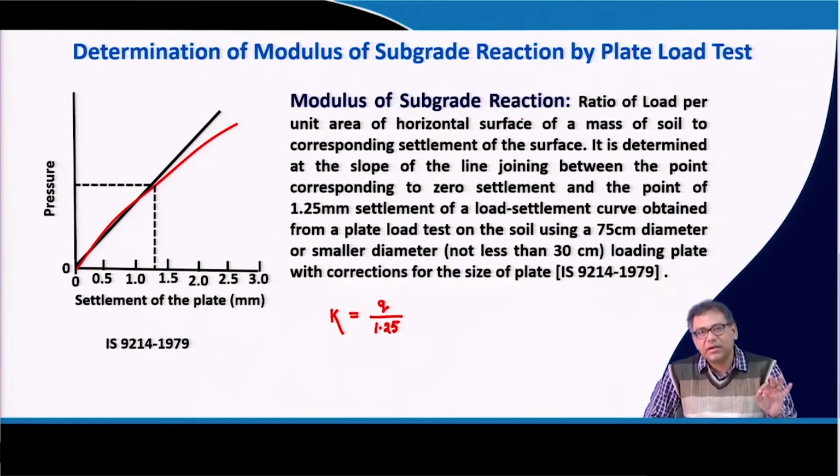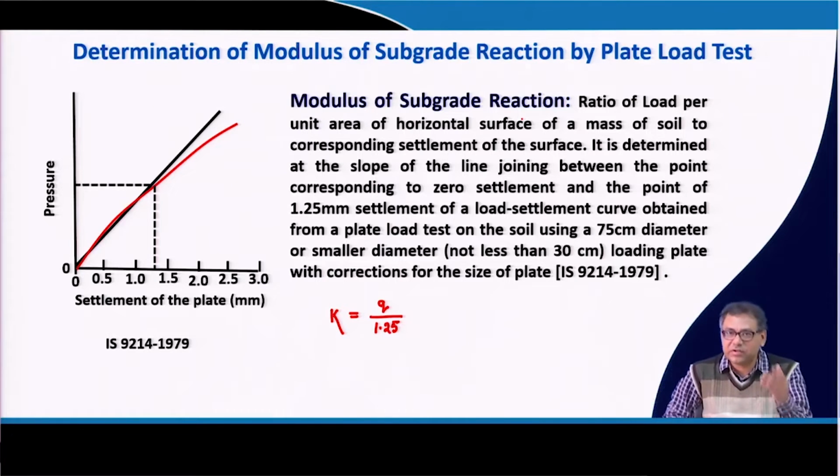Sometimes the stress is taken and the corresponding settlement is calculated, or sometimes for a particular settlement you have to calculate the stress, but the definition is the stress divided by that particular settlement. Here the most common definition is the stress corresponding to 1.25 millimeter settlement divided by 1.25 millimeter.